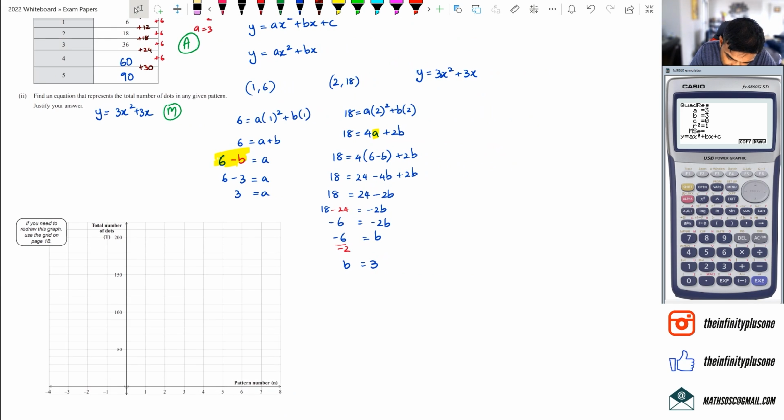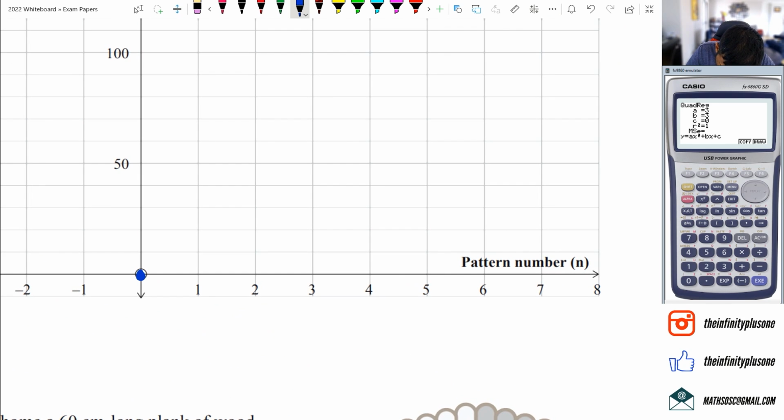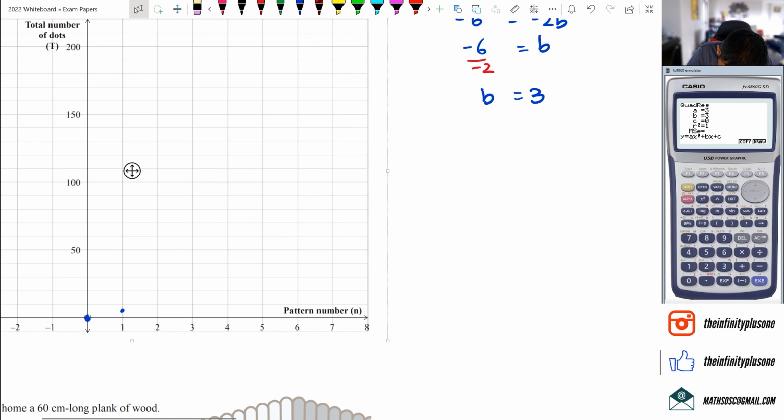At 0 we've got 0, at 1 we've got 6, so 6, which if this is 10, 6 is probably there. At 2 we've got 18.